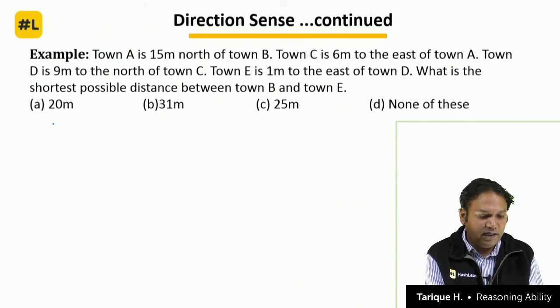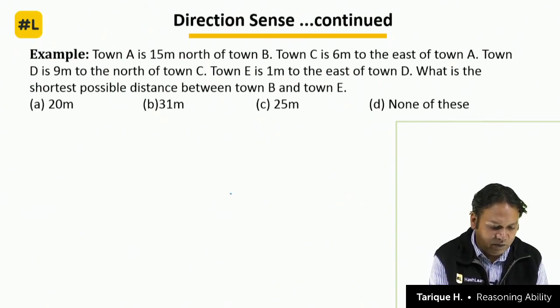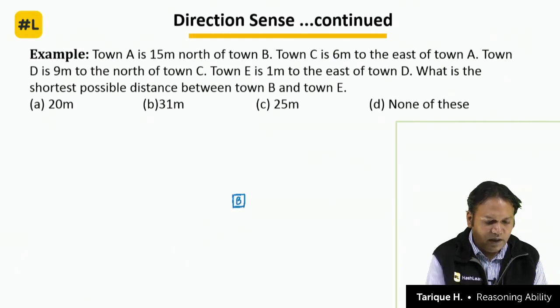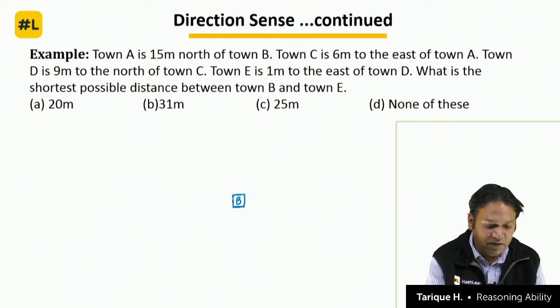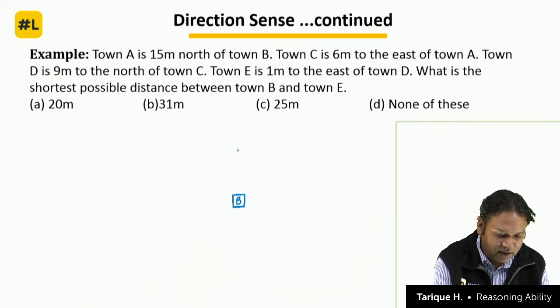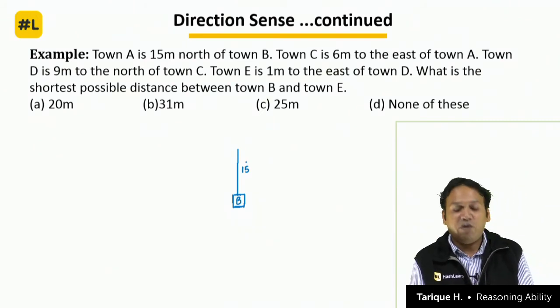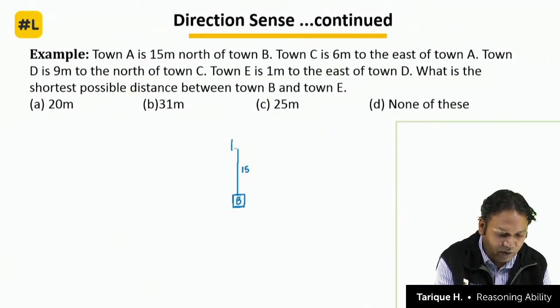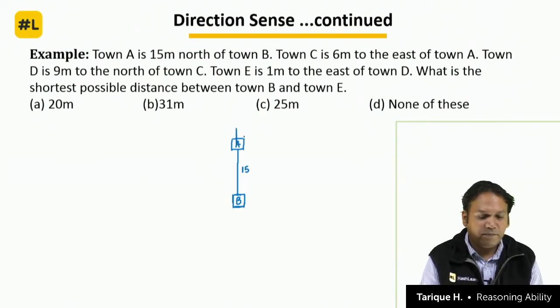Town A is 15 meters north of town B. So let's start from this point and say this is town B. Let's say this is town B, and town A is 15 meters north of town B. So let's say this is 15 meters north of town B. So this is the position of town A. So again I will make a box here. Alright, so this is town A.